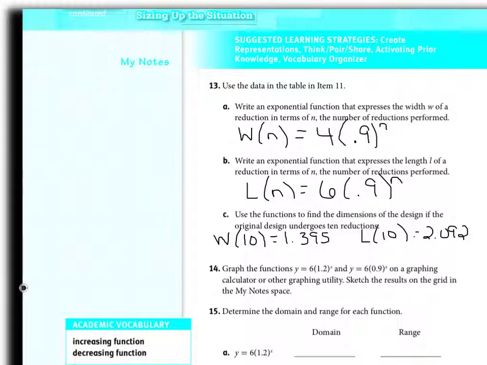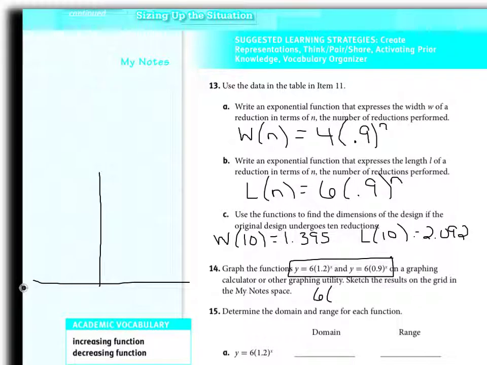So if we compared the two graphs for length, you could use your graphing calculator to graph this. Now make sure that you're careful about using it on the graphing calculator.